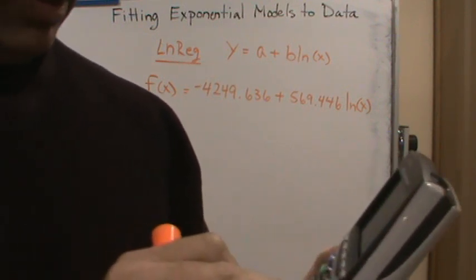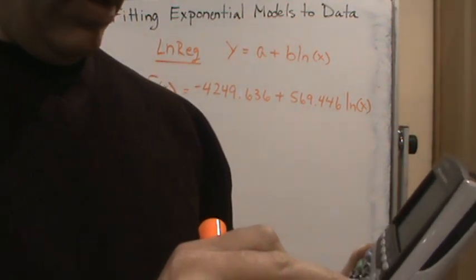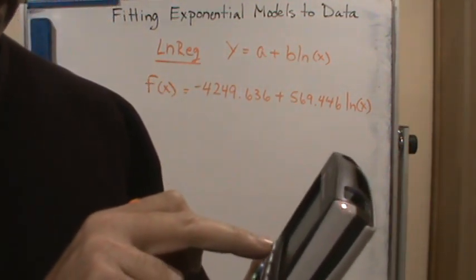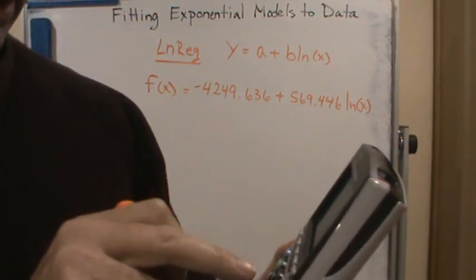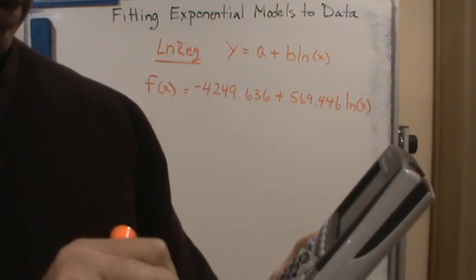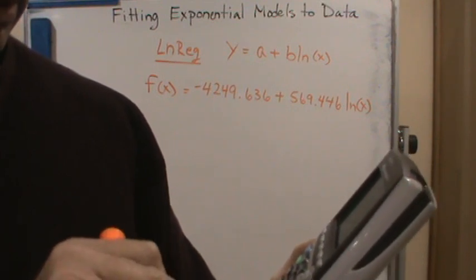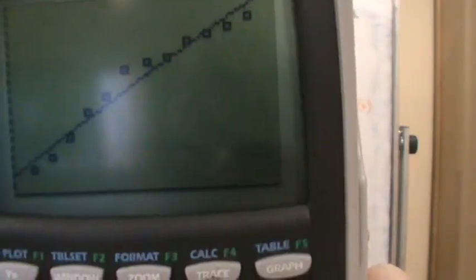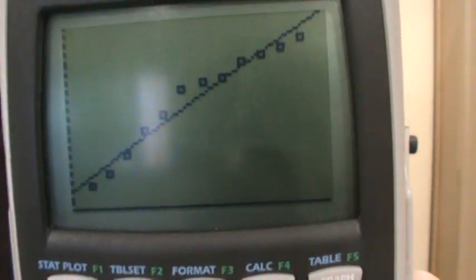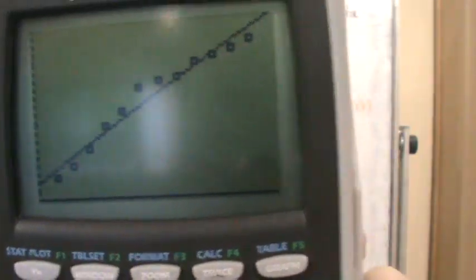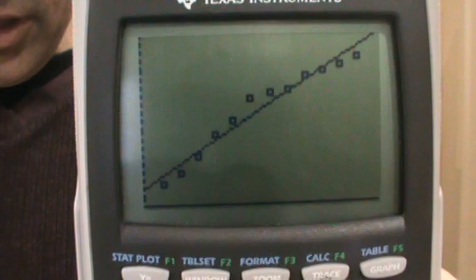Hold on one second. There we go. Yep, that's right. Okay, so it's not perfect, right? I mean, it almost looks like a straight line, but that is the regression analysis.